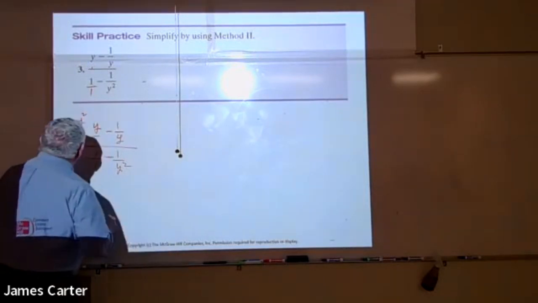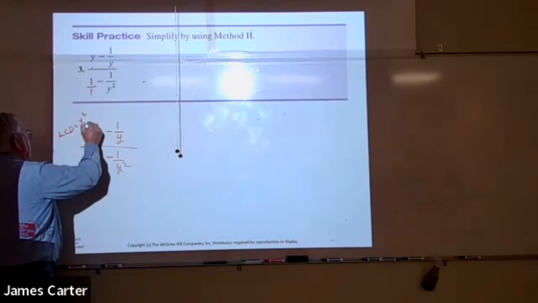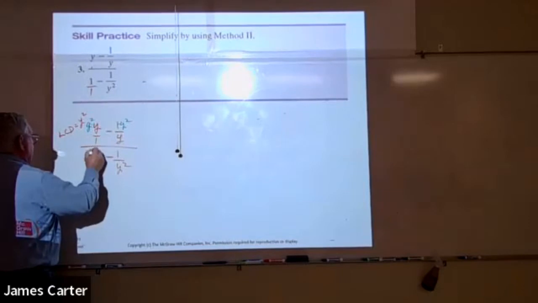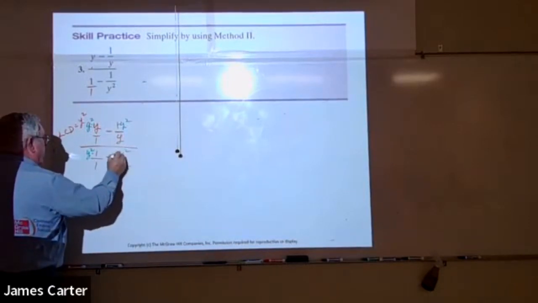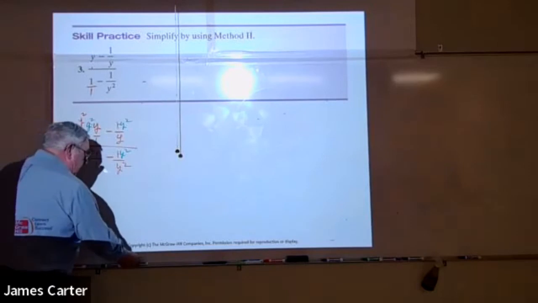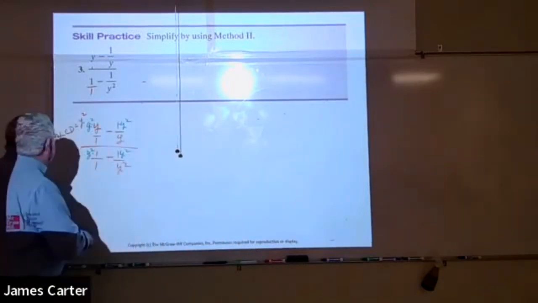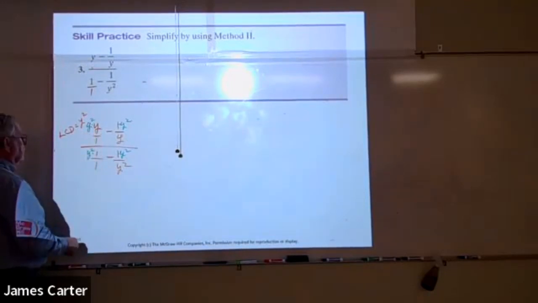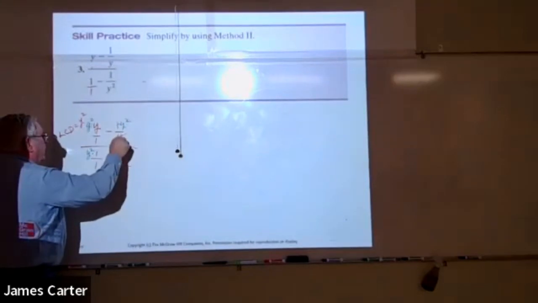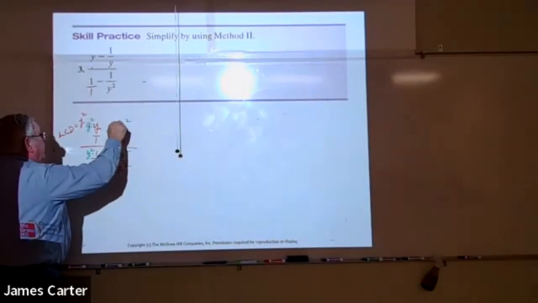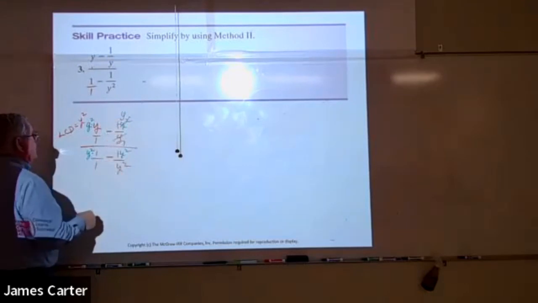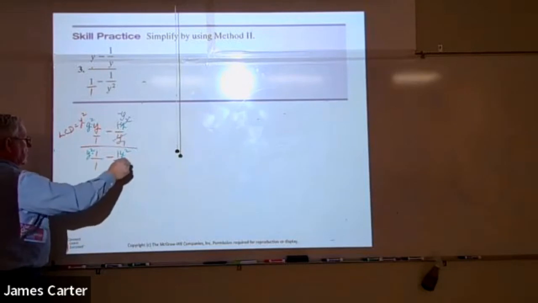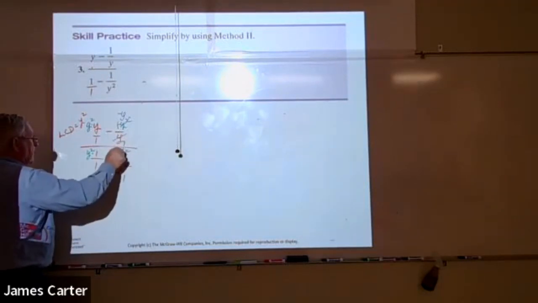So I take y squared times every numerator. Then I cancel. Nothing to cancel here. Okay. Here, I can cancel that. And I can cancel this and just get a y, minus y there. Here, nothing to cancel. Here, all of this cancels all of that.